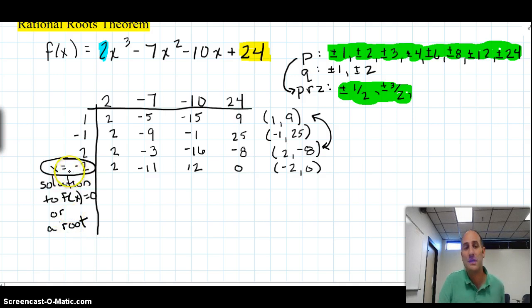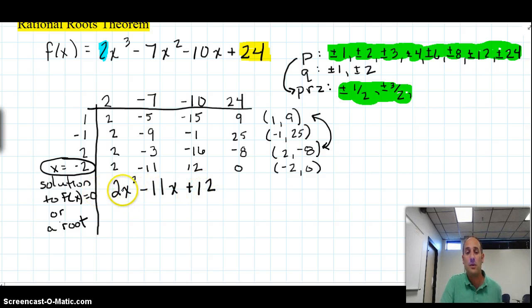Now, what that leaves us with, because we started with a cubic equation, whenever you do synthetic division, you might remember that you have reduced the power of the function by 1 to get your quotient. Your quotient in this case then, since it's got a 2 right here, is 2x squared minus 11x plus 12. And remember, we're still trying to find out where the roots are, so this is going to equal 0.